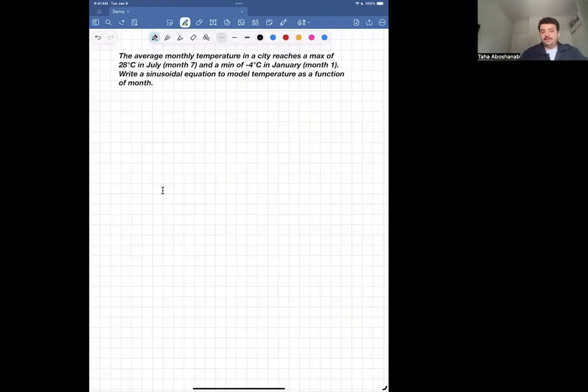First things first, again, we will write down our givens. So how do we find the amplitude A in this case? Well, it's actually a very easy equation. All you have to do is take the maximum value minus the minimum value and divide by 2. So what was the maximum temperature? That was 28.